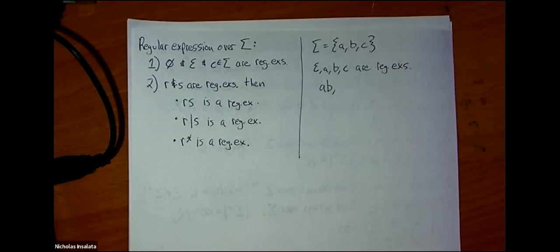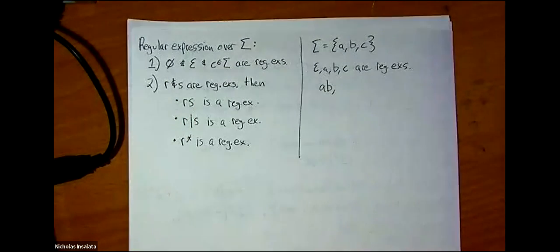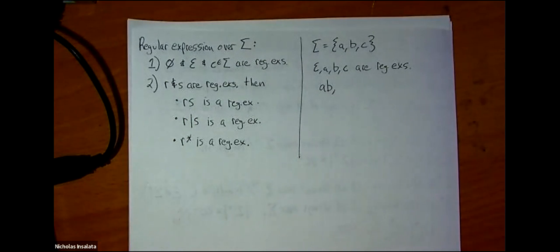Good question, David. The difference between the empty set and the empty string is that the empty set just doesn't have any strings in it, right? And the empty string is actually a string, right? But it's a string with no letters.